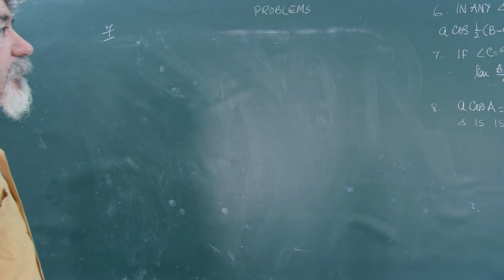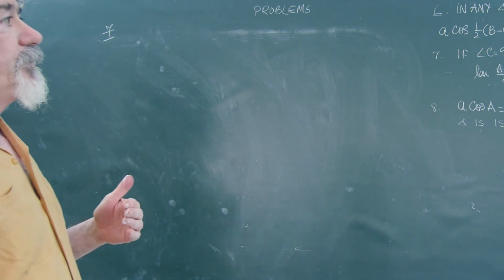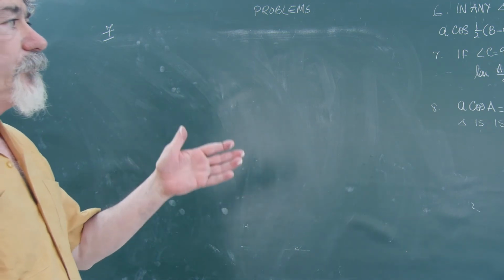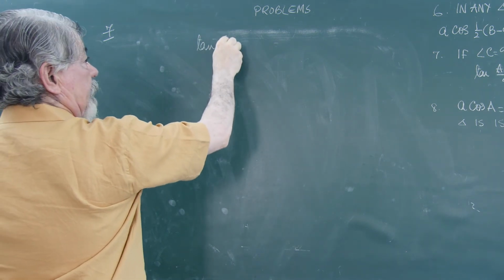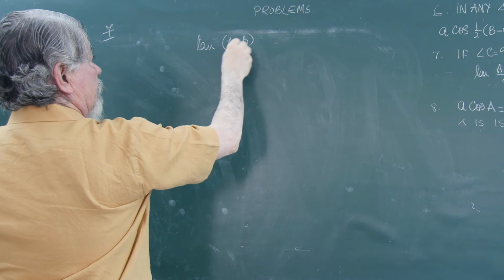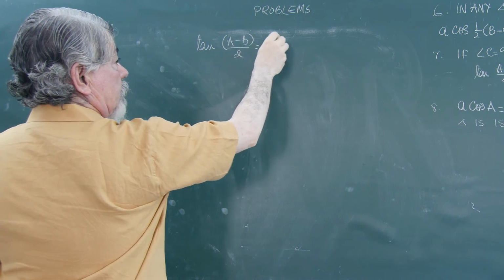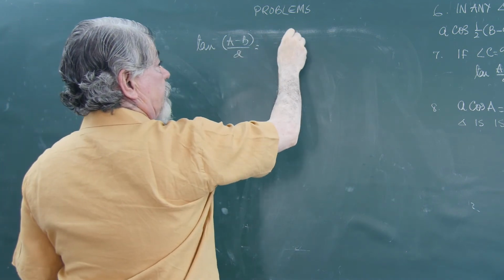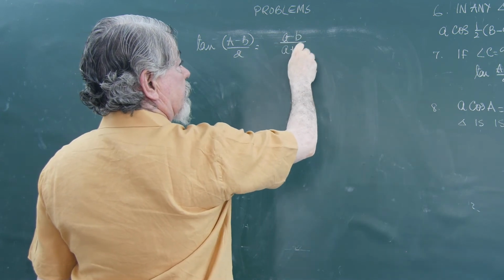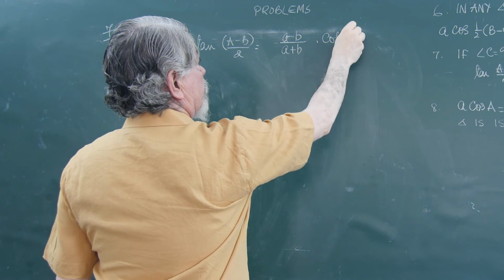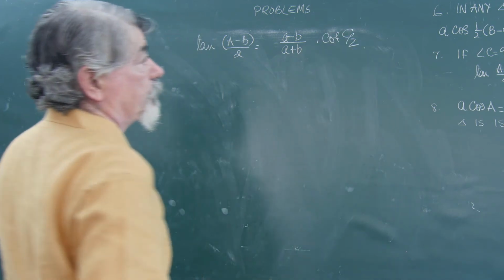In the seventh question, if angle C is 90, prove that tan (A minus B) upon 2 is equal to (a minus b) upon (a plus b) cot C upon 2.